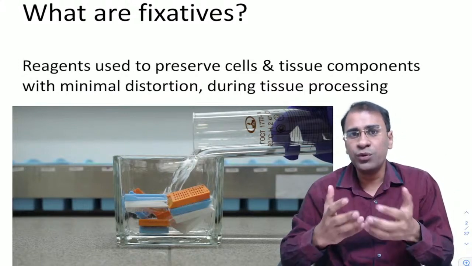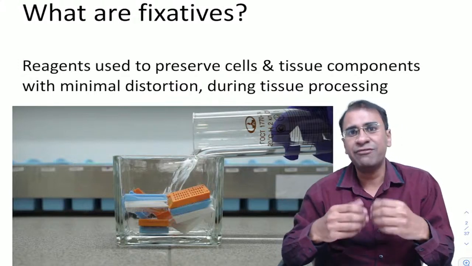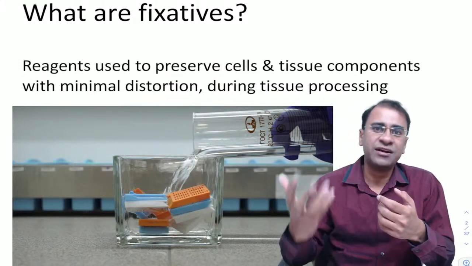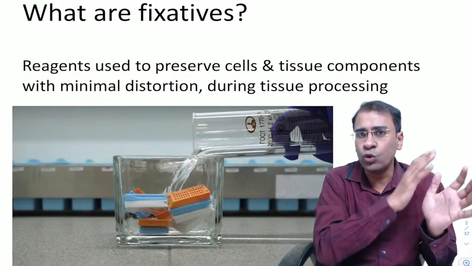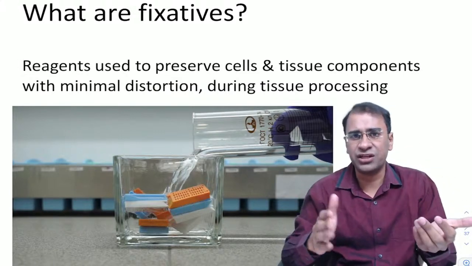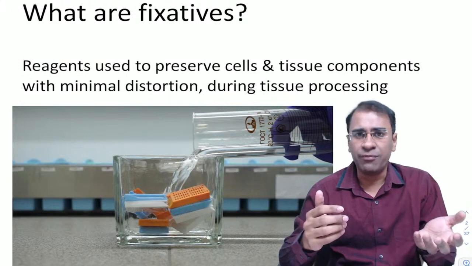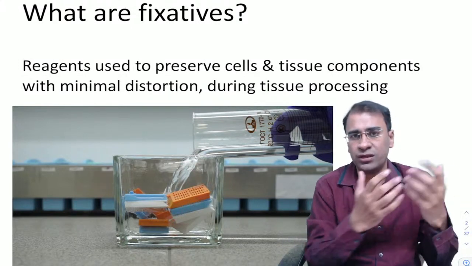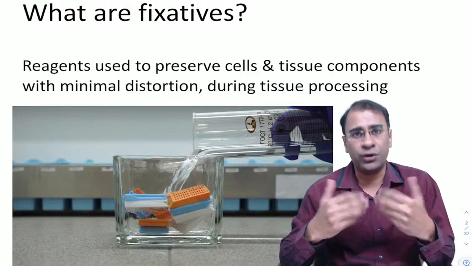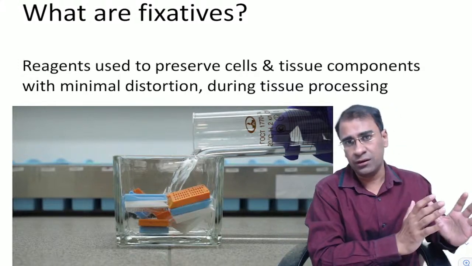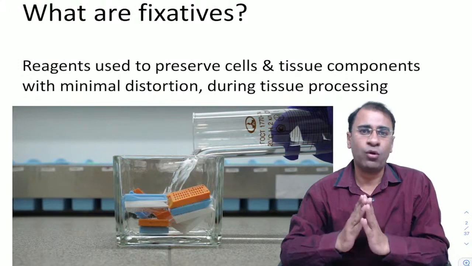Then we cut the tissue and make it firm. And finally, before we stain a tissue, we have to rehydrate the tissue again. But whenever tissue goes through all the processes of dehydration, rehydration, and firming, the tissue may get distorted. To prevent the tissue from getting distorted, we have something called fixation.